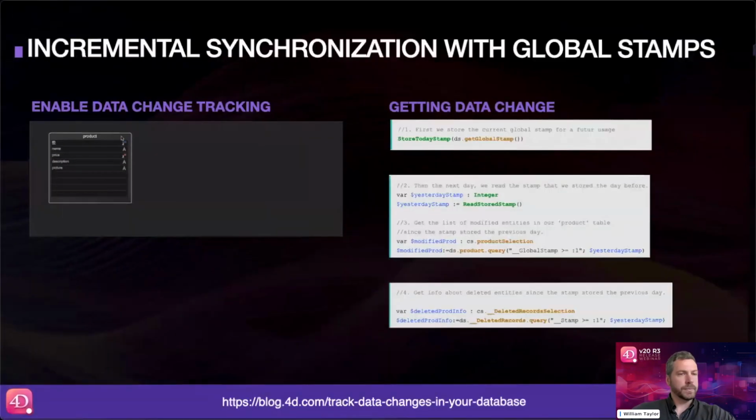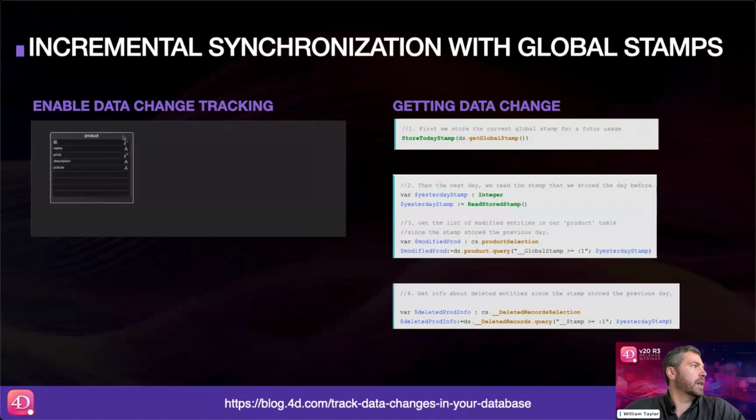So the next topic I'd like to talk about is incremental synchronization with global stamps. Okay, so with 4D Mobile, we introduced global stamps for incremental synchronization. Now, this feature allows you to update or synchronize data by transferring only changes made since the last synchronization instead of transferring the whole data set.